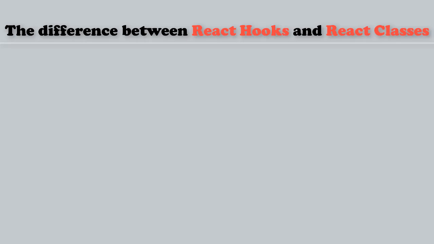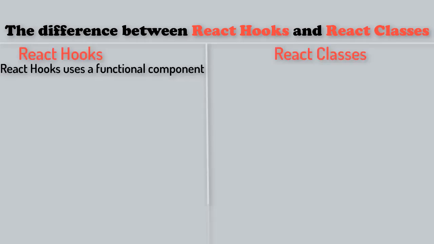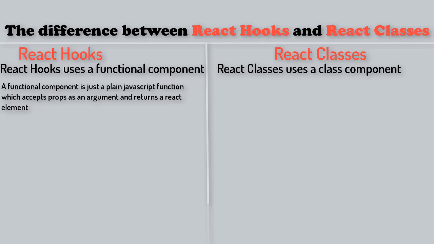Now, the first difference is React hooks use a functional component, while React classes use a class component. That is the first difference. The second difference is a functional component is just a plain JavaScript function which accepts props as an argument and returns a React element.